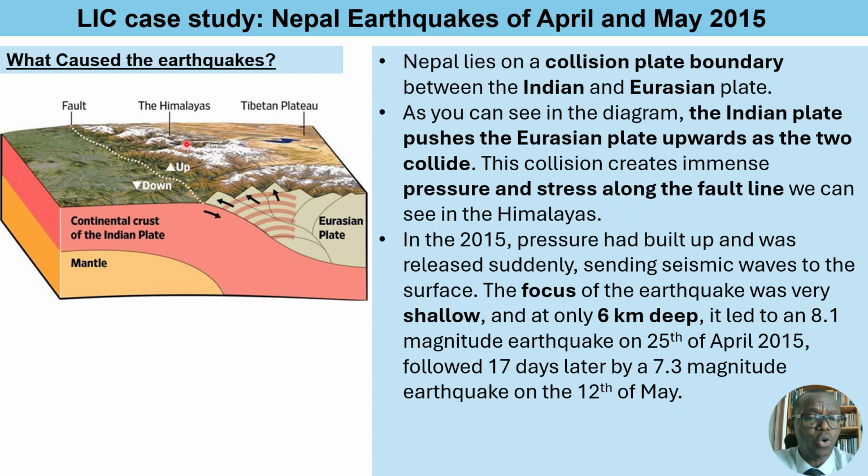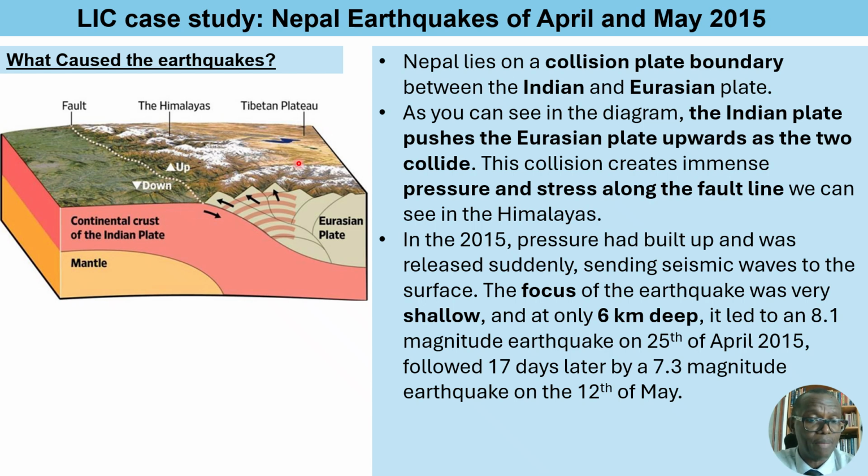Of course, the movement is very negligible in terms of the height above sea level, but it takes place over a long period of time. So this Indian plate pushed against the Eurasian plate, and as that happens, it pushes the Eurasian plate upwards.